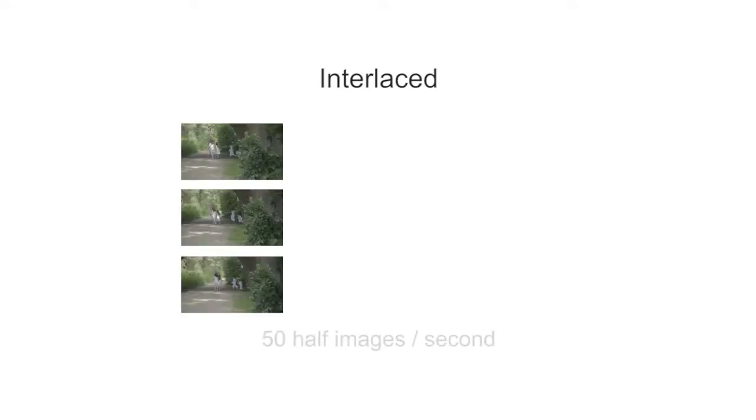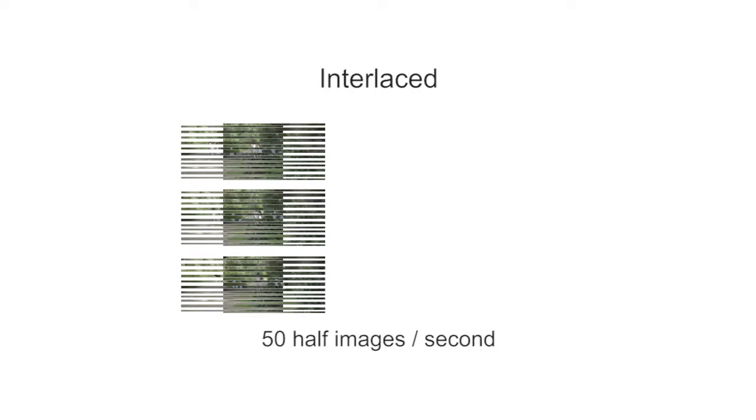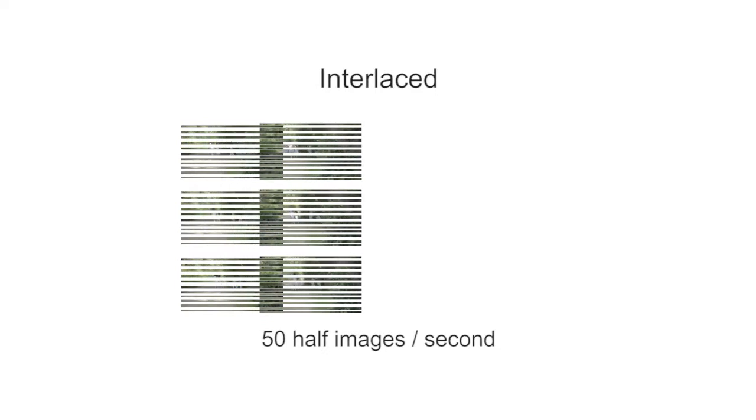Now, interlaced is a different story. Your video contains now 50 images, but not full images, half images. All these images together create 25 full images per second. Each half image is built out of lines. The image that comes next contains the lines that the first image didn't have, and so on.